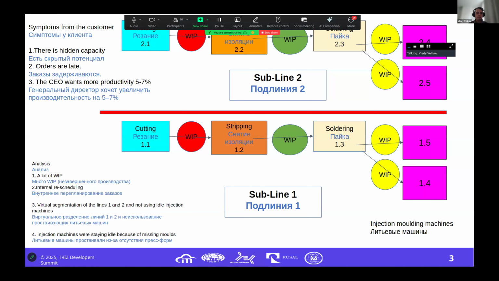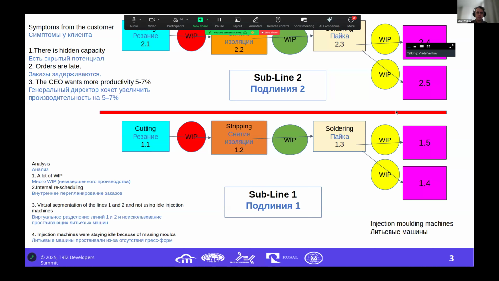The third is that one of the managers in the past decided to cut the lines by half. And they put this red line, you see here, the red line. It is virtual.